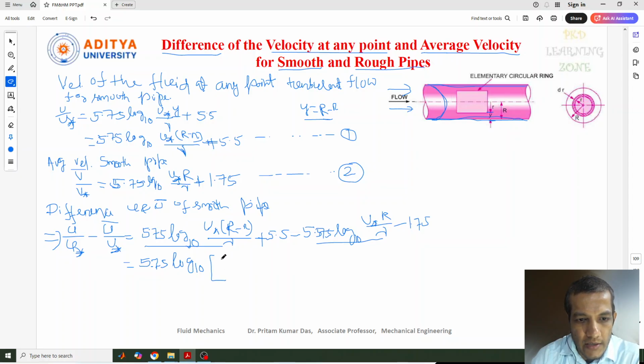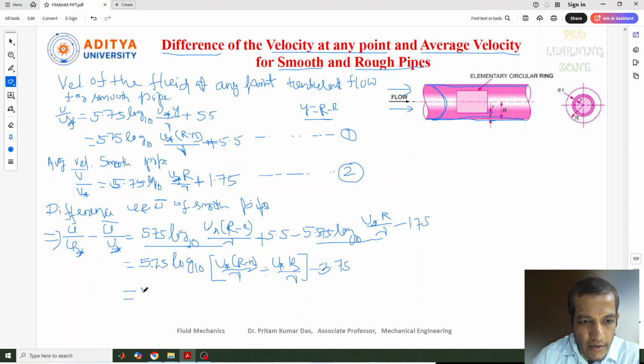So bracket start, that means u star R minus r divided by nu, and this is divided by u star R divided by nu, bracket close, and this one will be minus 5.5 minus 1.75, so it will come like 3.75.